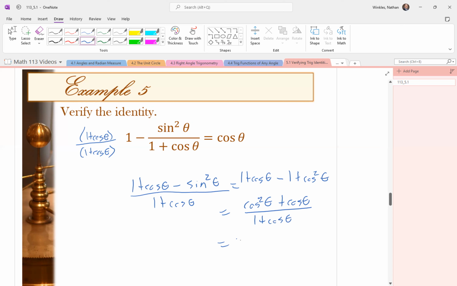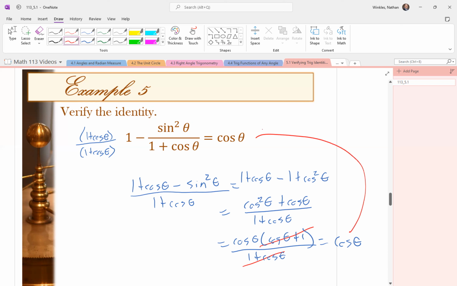Going to factor a cosine theta out of the numerator to get cosine theta plus 1 over the 1 plus cosine theta. But this equals cosine theta because cosine theta plus 1 and 1 plus cosine theta cancel. And we got what we were looking for of cosine theta.